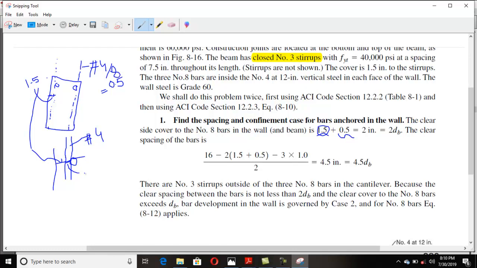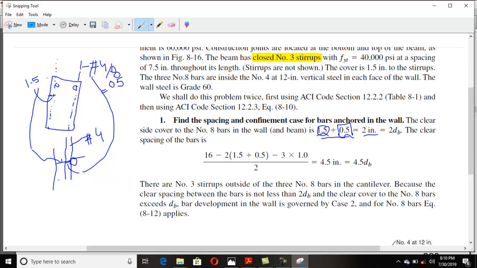This diameter is 4 divided by 8, that is number 4 dia, which gives you 0.5. So the term 0.5 comes here from that number 4 bar. Therefore 1.5 plus 0.5 gives you 2 inches.